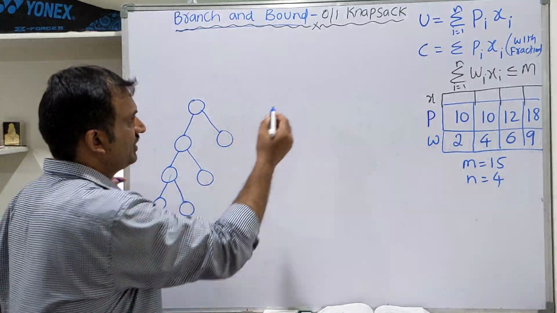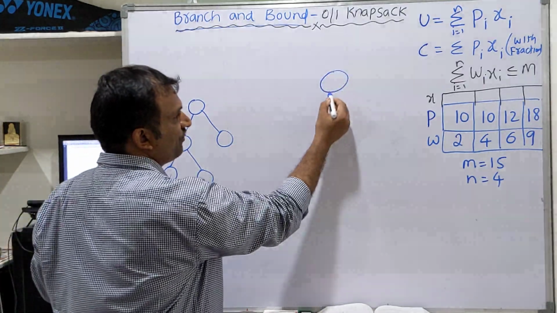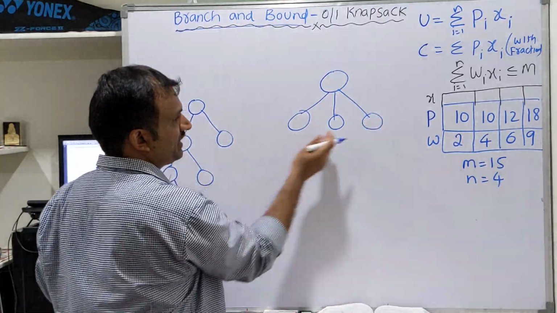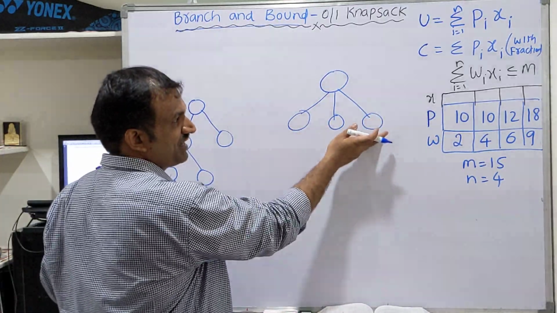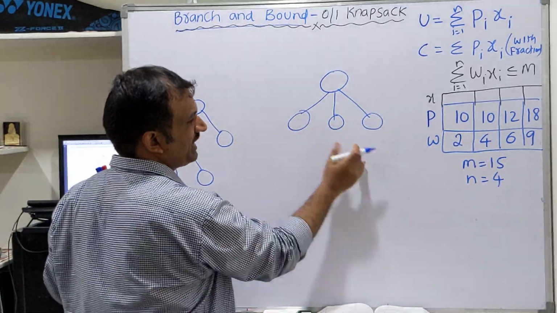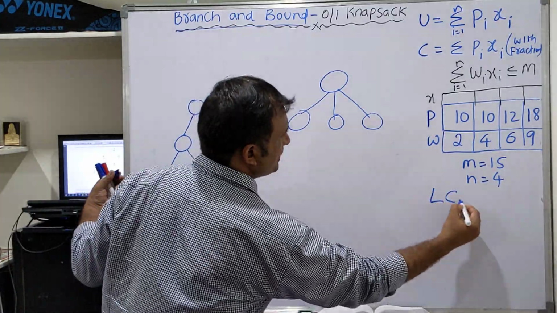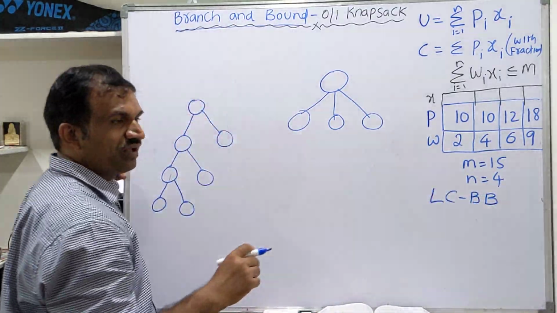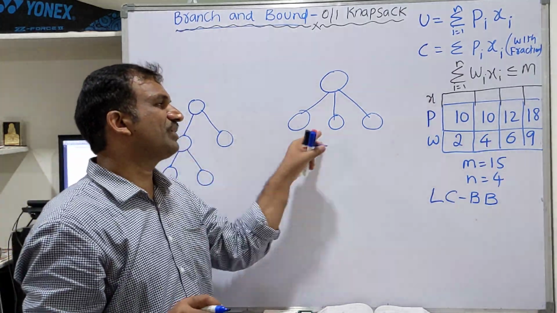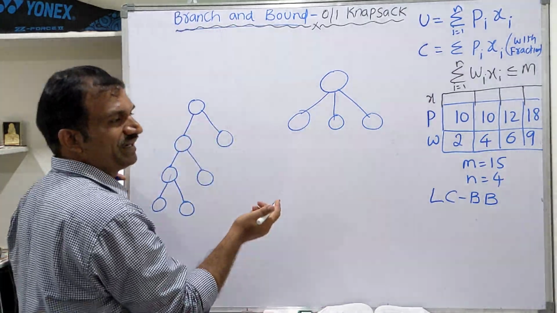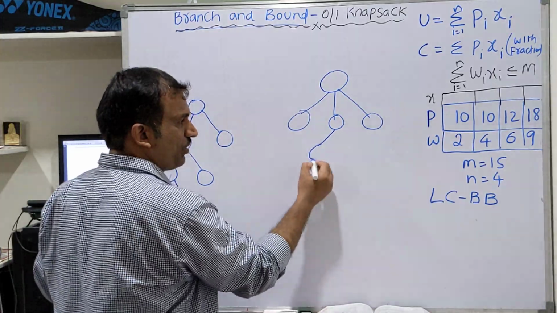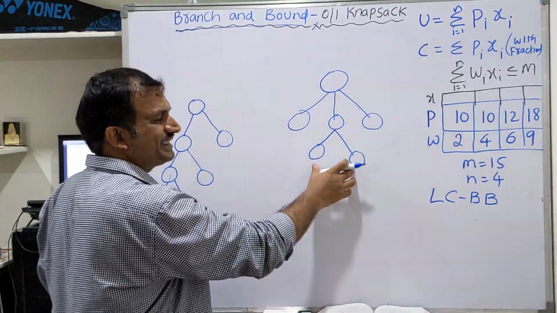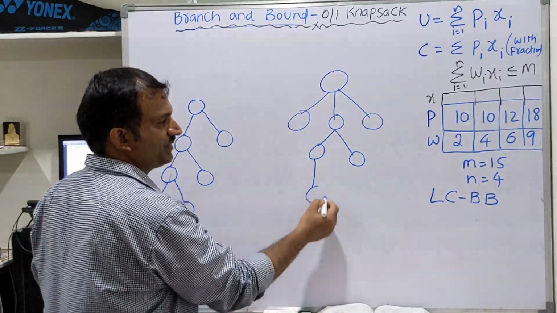How? Let me show. Here we first elaborate all possible nodes. This is BFS. From this we use a technique called LCBB, that is least cost branch and bound. Out of all these nodes, whichever cost is less, we will elaborate. Then once again we will elaborate like this. Out of these two, whichever cost is less, we will elaborate.